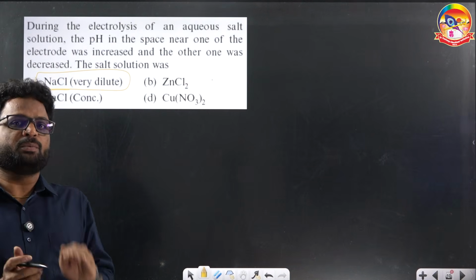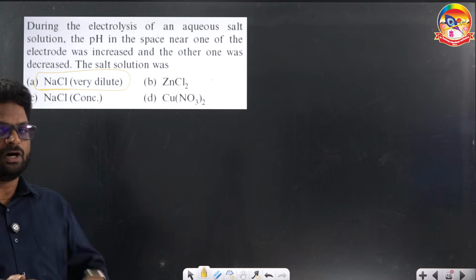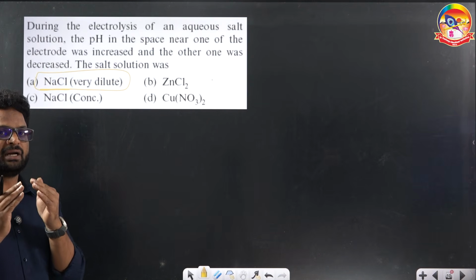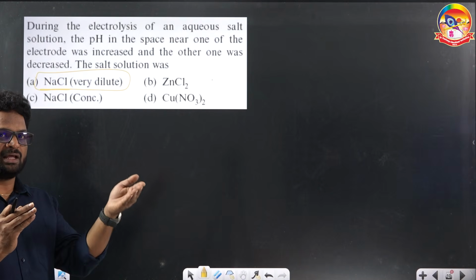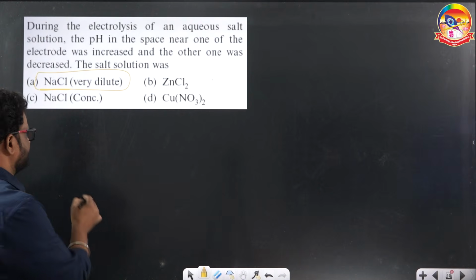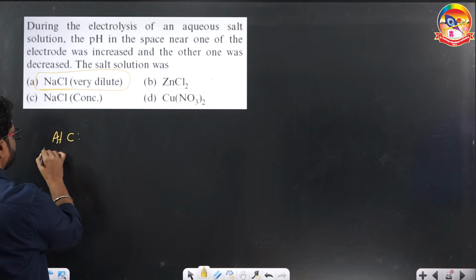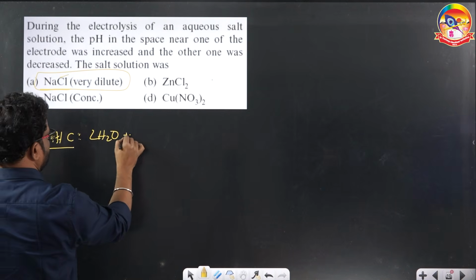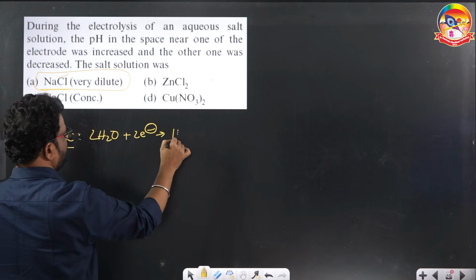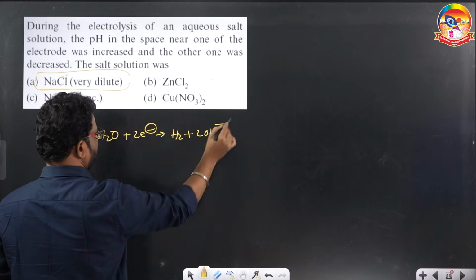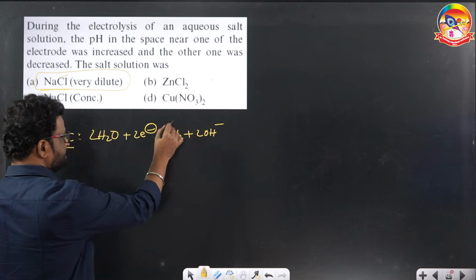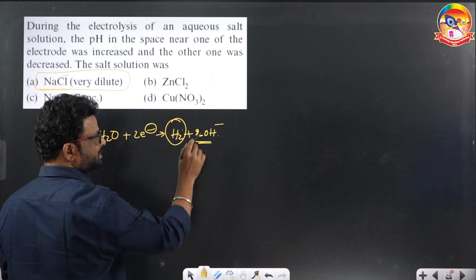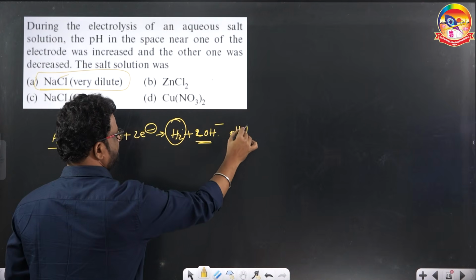That means the preferable product for a very dilute solution of any electrolyte is due to reduction of H2O at the cathode, and hydrogen is liberated. At the cathode, 2H2O plus 2 electrons gives H2 plus 2OH minus. Hydrogen is the product and OH minus is released, so the pH of the solution increases.